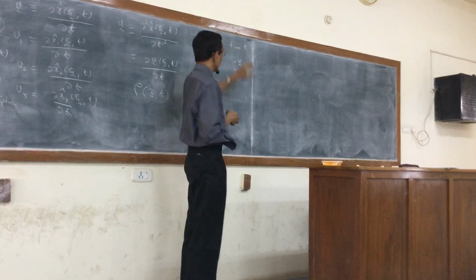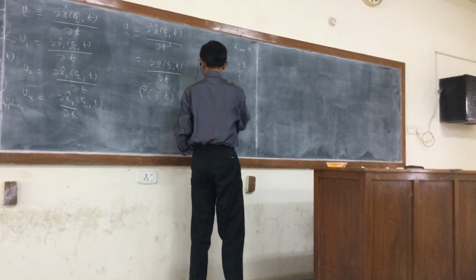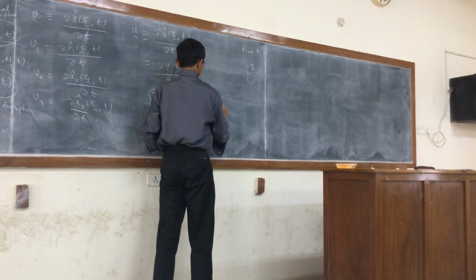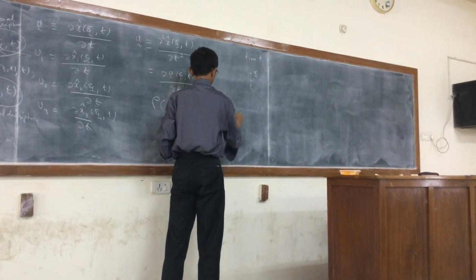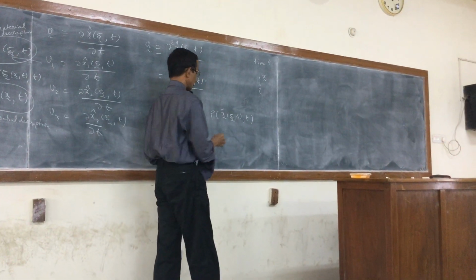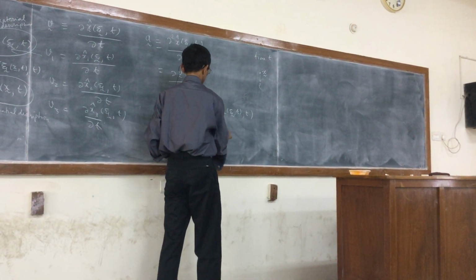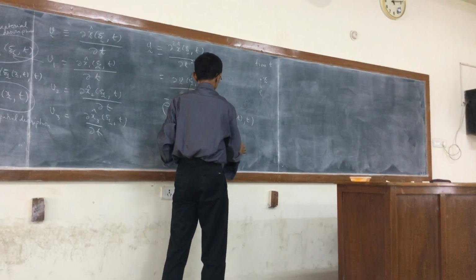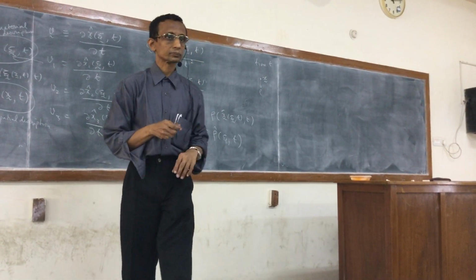Okay? So now, because x in turn can be expressed as a function of psi and time, the rho can also be expressed as a function of psi and time.